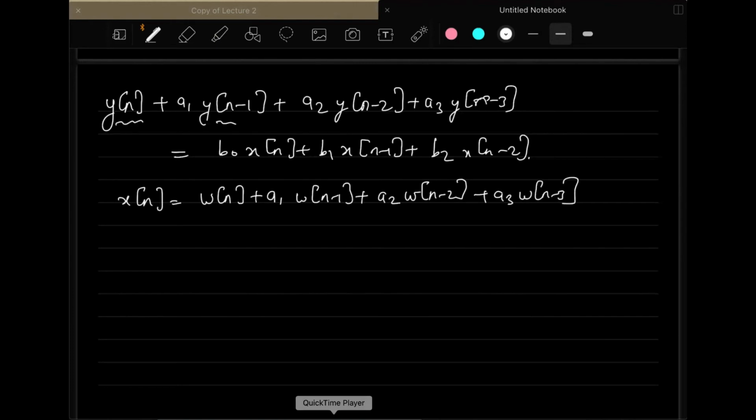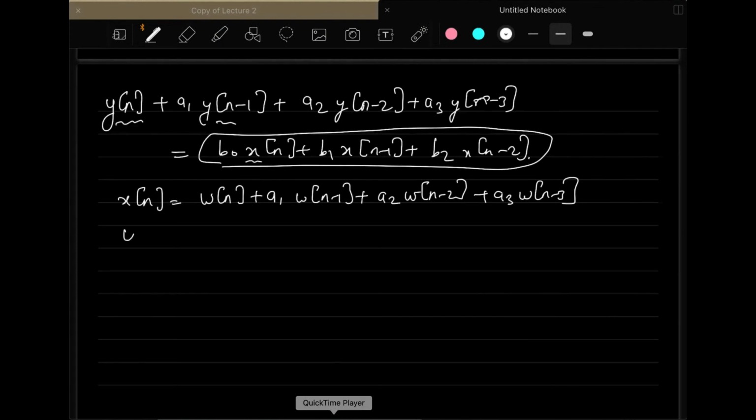Then another step is to write y[n] equal to the expression on the right side, but replacing x by w's. So what you get here is b0 w[n] plus b1 w[n minus 1] plus b2 w[n minus 2].